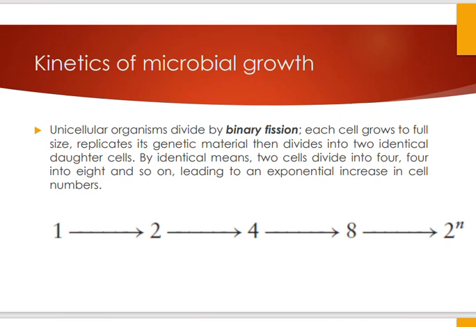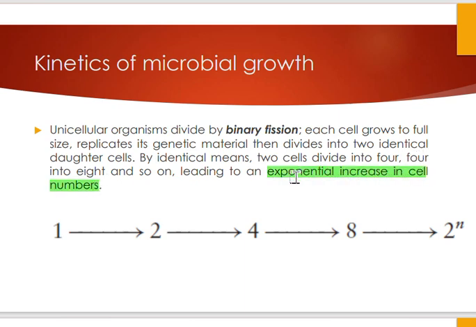Each bacterial cell will grow to full size, then replicate its genetic material, then divide one cell into two identical daughter cells. So two cells will divide into four, and then four cells will divide into eight, and so on, leading to an exponential increase in the cell number of your microorganism.